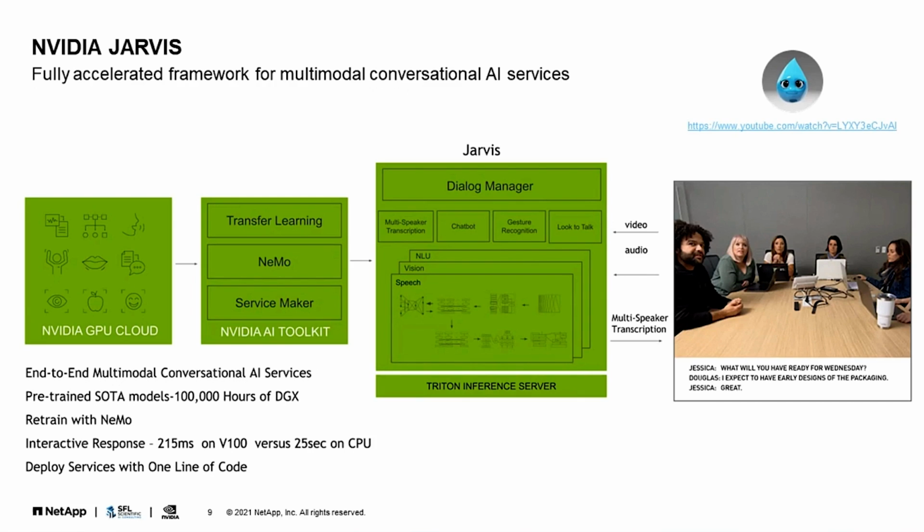In addition to AI services, Jarvis is also enabled to fuse vision, audio, and other sensors input. With the use of NeMo, as we will see later in this presentation, we can easily fine-tune models on custom data to achieve better accuracy on specific context.